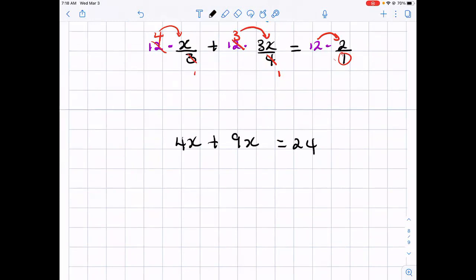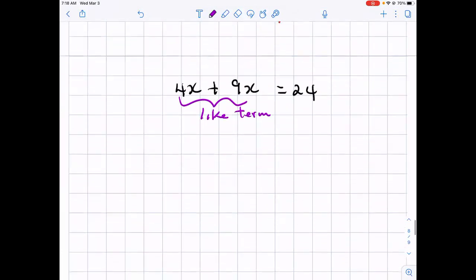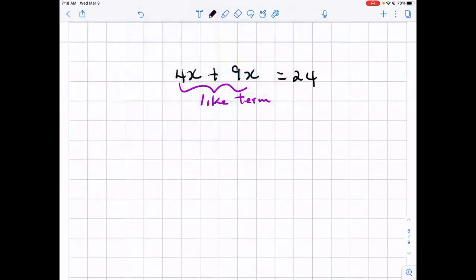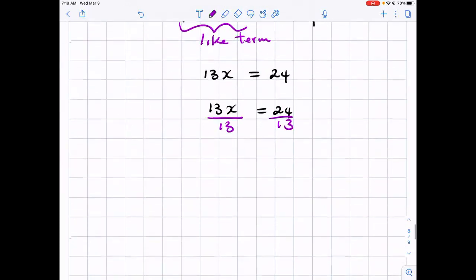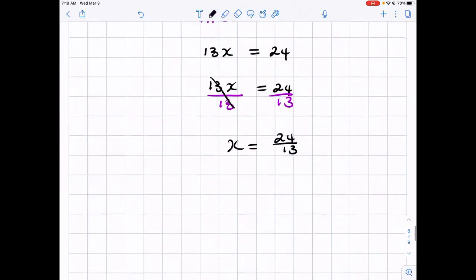So now what we do, we combine like terms. So if we combine the like terms, we have 9 plus 4 is 13x is equal to 24. And to get x by itself, we will divide both sides by 13. And that will leave me with x is equal to 24 over 13. And you want to see, can you simplify it?